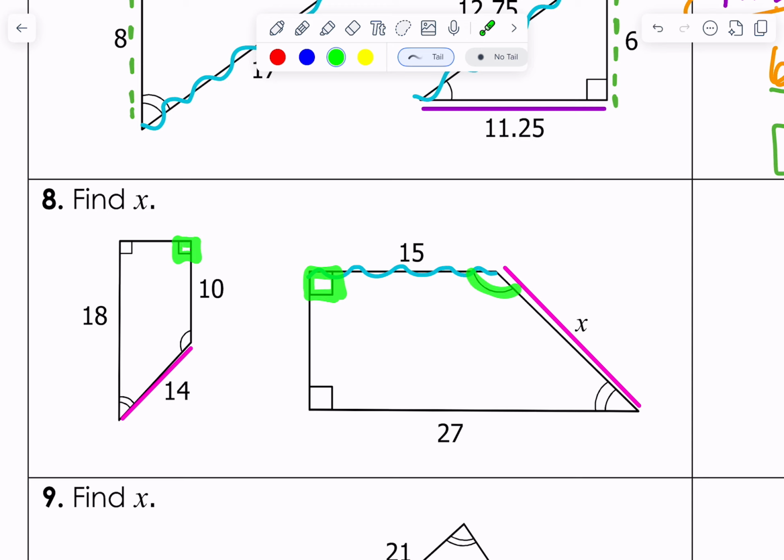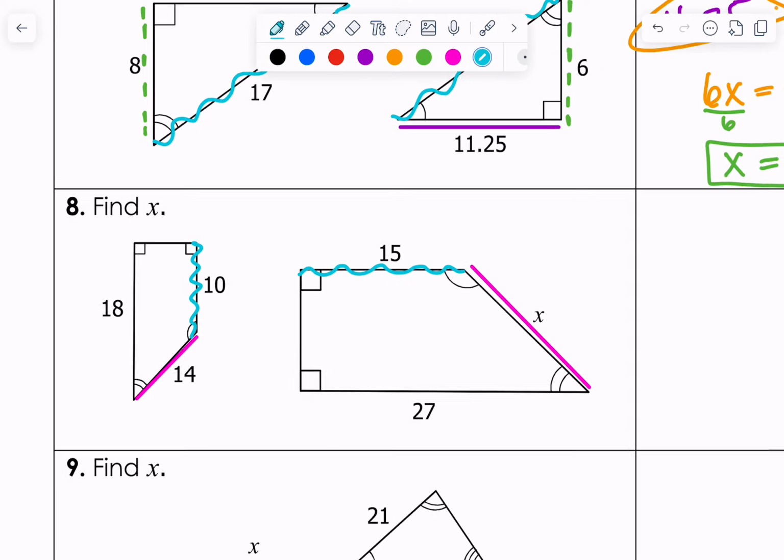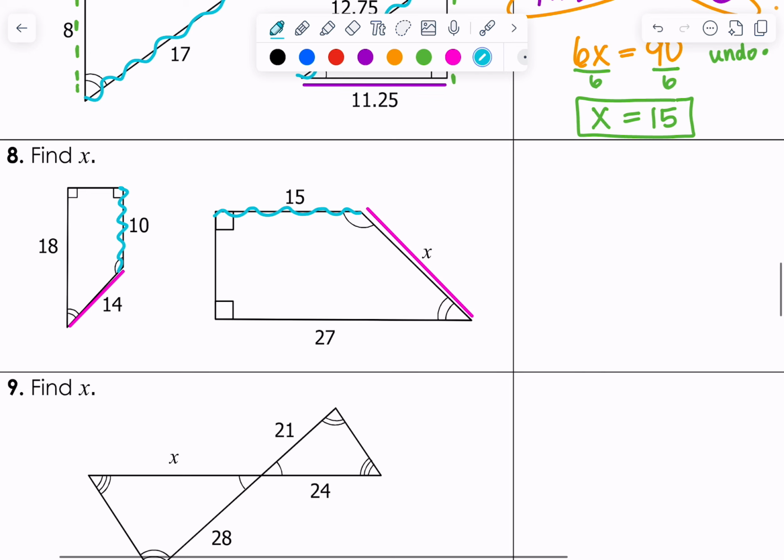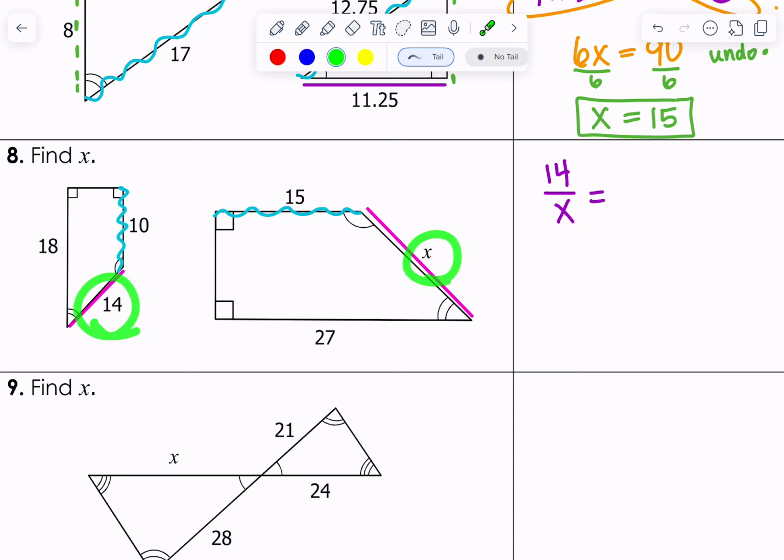So over here, right angle box and one swoop, it looks like it corresponds with the 10. So if I write 14 over x, then I have to grab 10 over 15.